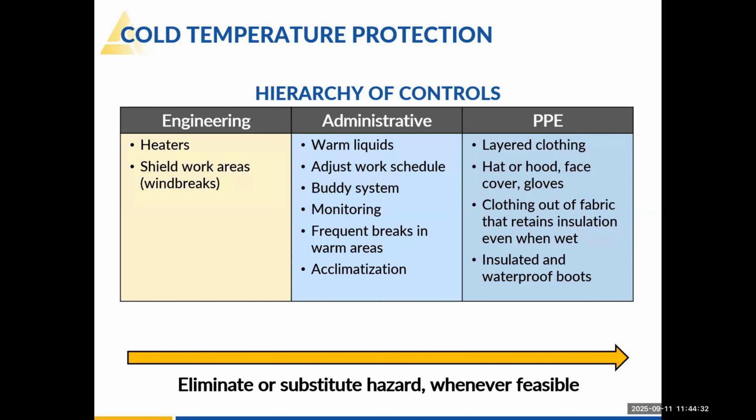PPE is a little bit more intense here on cold temperatures, wearing layered clothing. It's easier to add clothing versus remove it, but keeping our workers dry and warm is really the whole thing here, especially fabrics that retain insulation even when wet, and using materials that insulate and waterproof. Next slide, please.